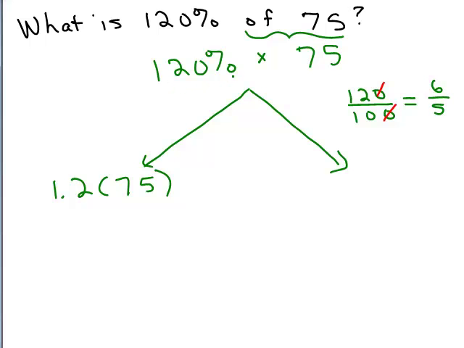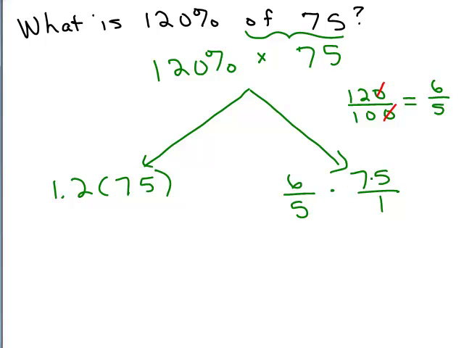So 120% written as a fraction then is 6/5 times 75 over 1. So we're not doing 120 times 75, we're doing 6/5 or 1.2 times 75. We have to remember to rewrite the percent as either a decimal or a fraction before I multiply.